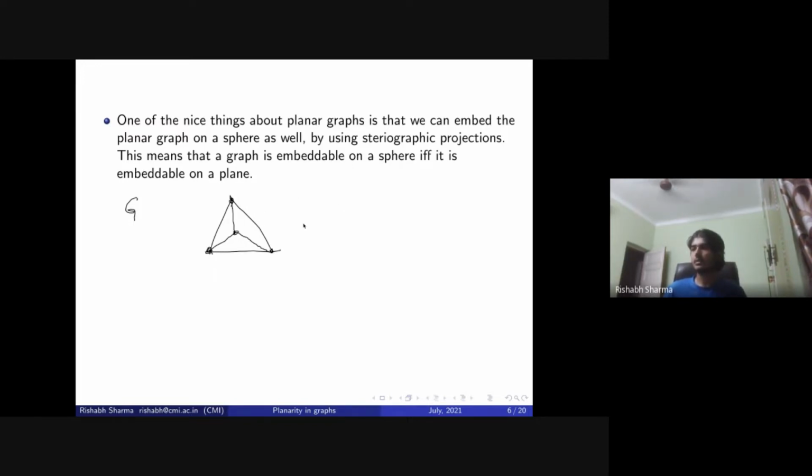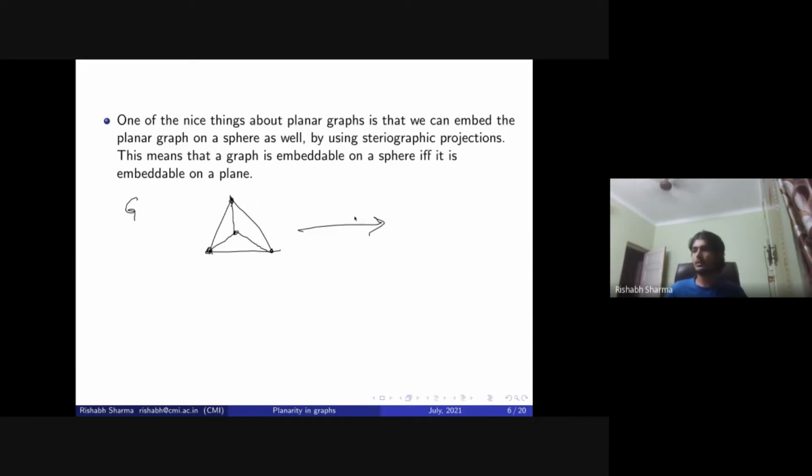Now, I claim that I can use this planar drawing to get a spherical drawing of the graph, in the sense that if I can draw a graph on the plane, I can also draw it on the sphere without any intersection of edges. And for that, we use stereographic projection again.